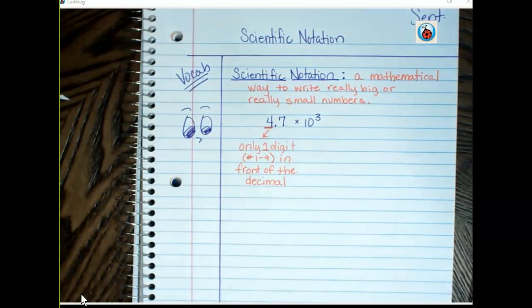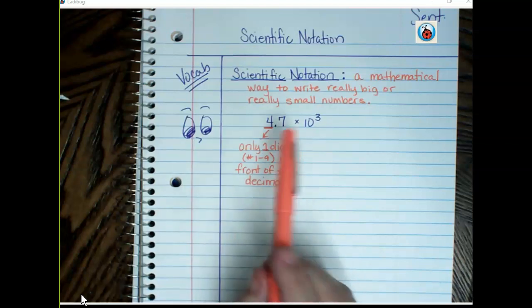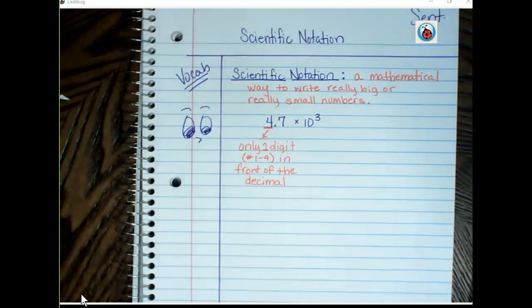So only one digit in front of the decimal. If I had 12.7, that's not scientific notation because 12 is 2 digits. If it was 0.7, that's still not scientific because I have to have a non-zero number. So that would be all the numbers from 1 to 9.